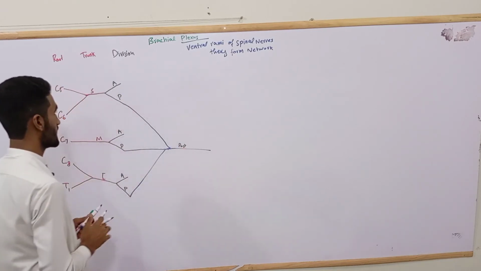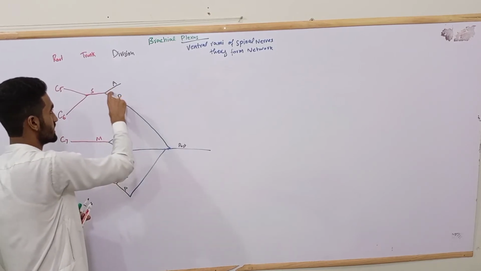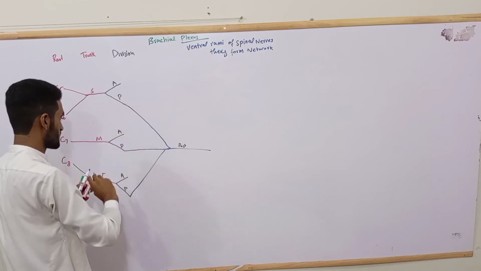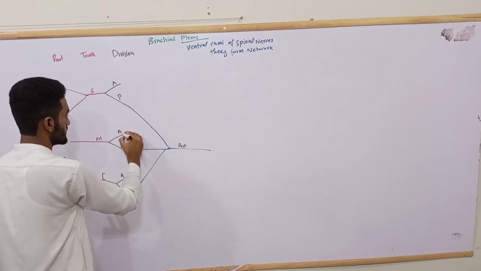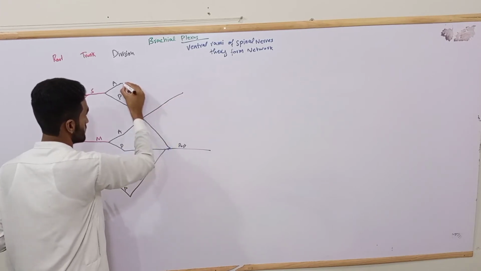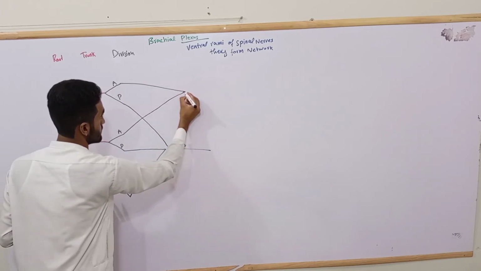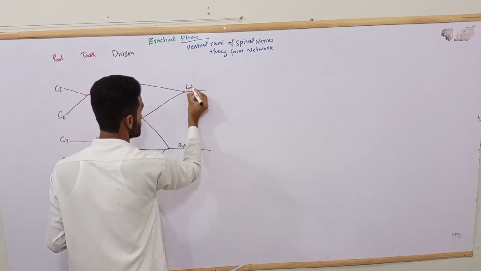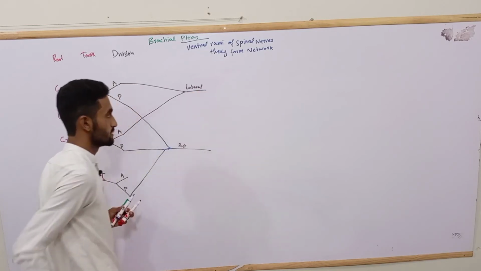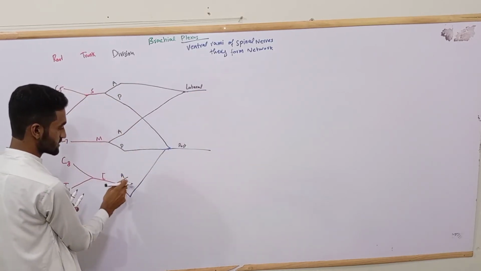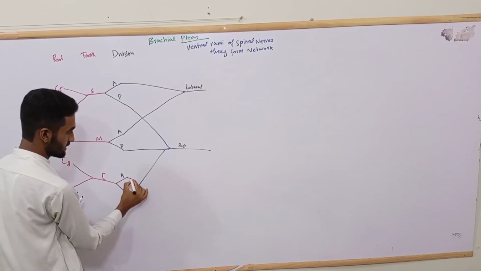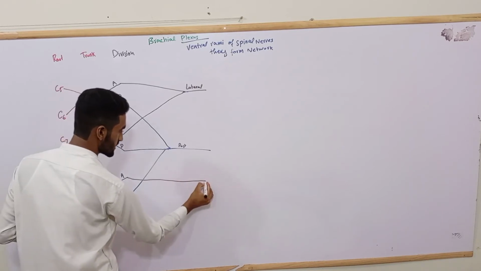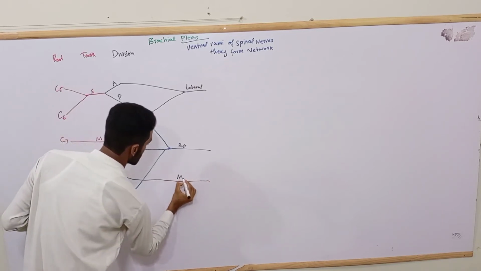The anterior divisions of the superior and middle trunks form another cord, the lateral cord. And the last one, the single remaining anterior division, forms the other cord, the medial cord.